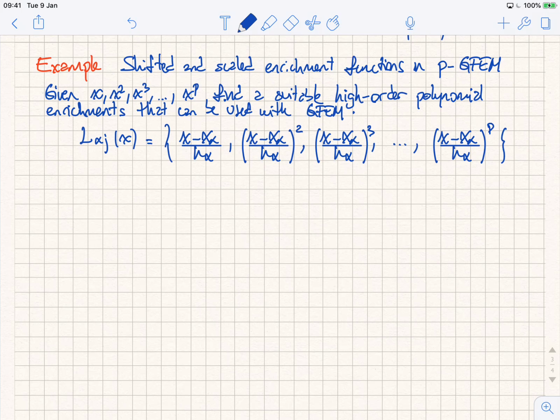So we are actually dividing by h alpha because this basis is not very good in terms of condition number. If you remember, we discussed this in advanced FEM, right? We said that if you take x, x squared, x cubed, as you increase the polynomial interpolation order, all those functions are going to look closer to one another.